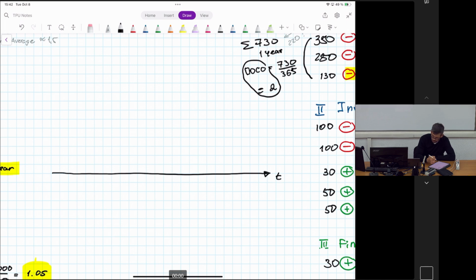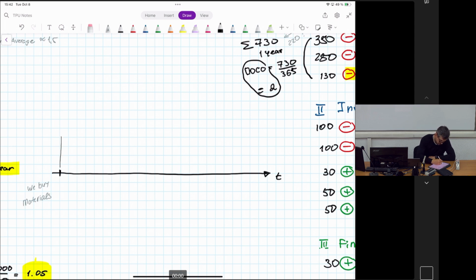So the first moment in time that I will highlight here will be this moment. It's the moment when the company buys materials, or we buy materials. So it's a certain moment in time.